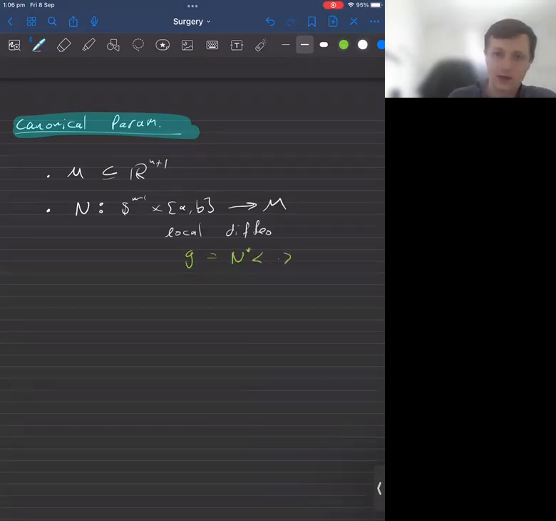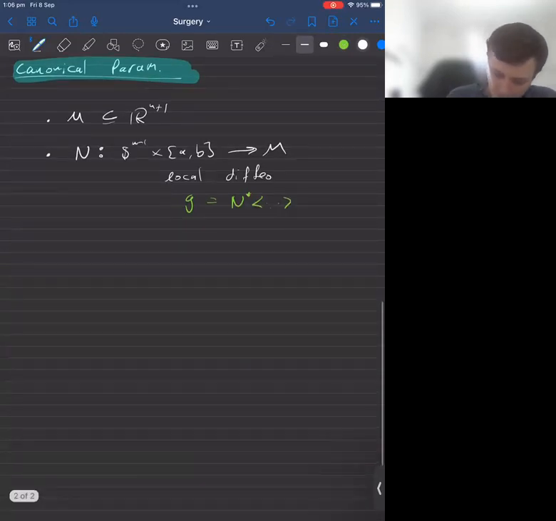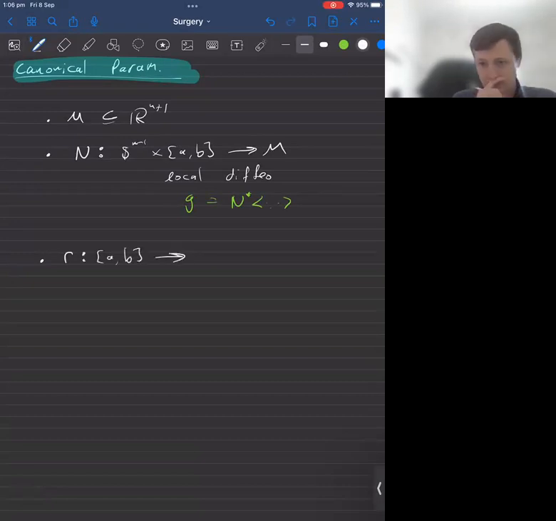A very important function for us is going to be this mean radius function. It maps from the interval into R plus, and it's the average radius. What does that mean?